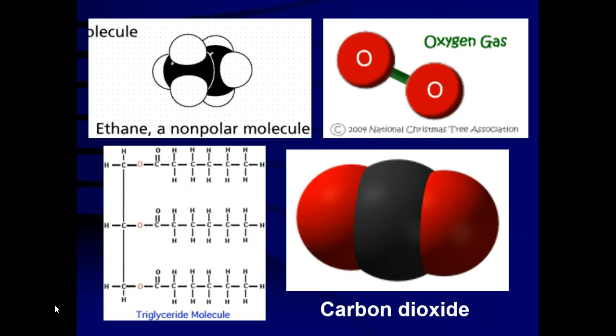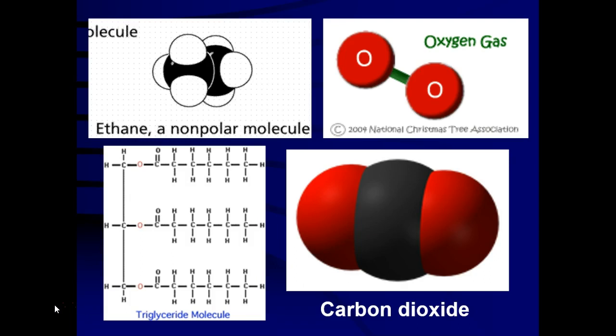We have lots of other ones that are nonpolar. For example, if we look at hydrocarbons, if we look at methane and ethane and propane, butane, a lot of organic compounds have carbon and hydrogen. In fact, if we look at fats and oils, for example, we'll find that they pretty much are mostly just carbons and hydrogens.